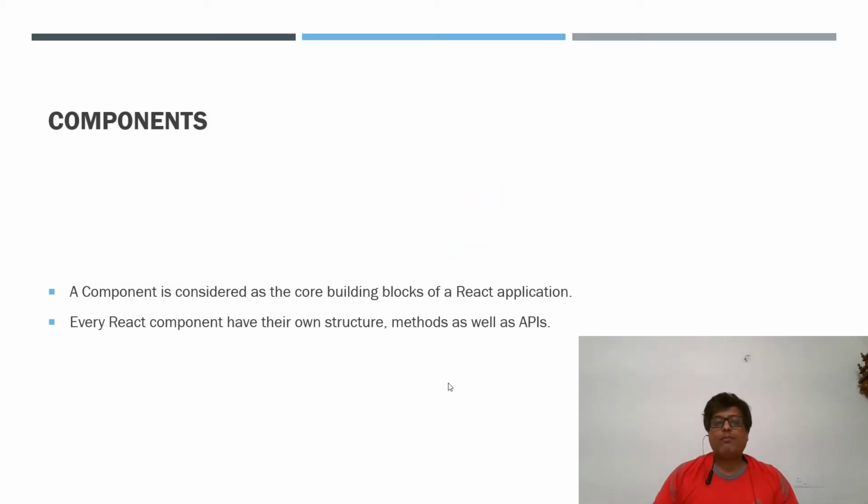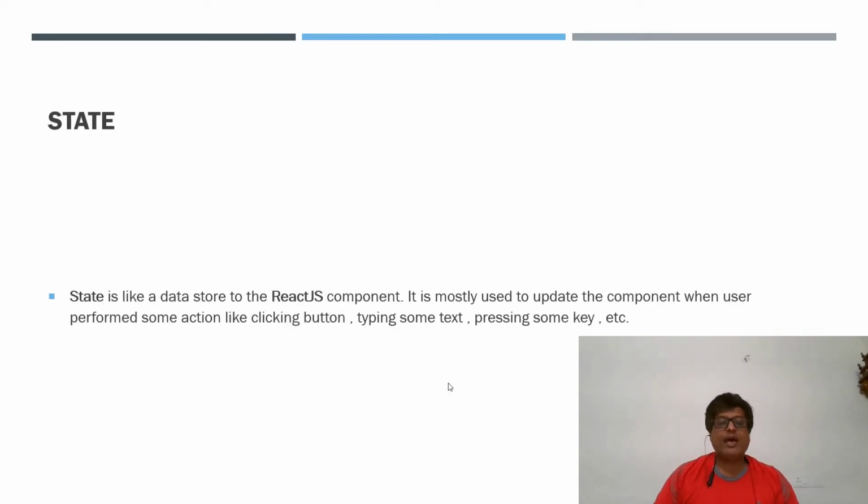So components, again, which we have discussed, class component and functional component. As a feature, components are considered the core building blocks of a React application, and every React component has its own structure, methods, as well as API.